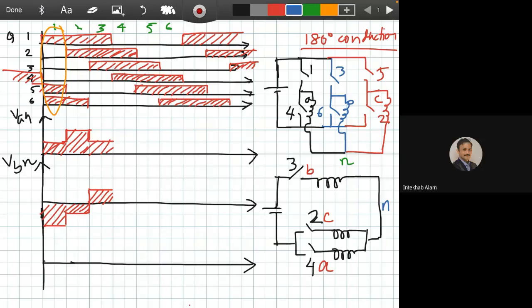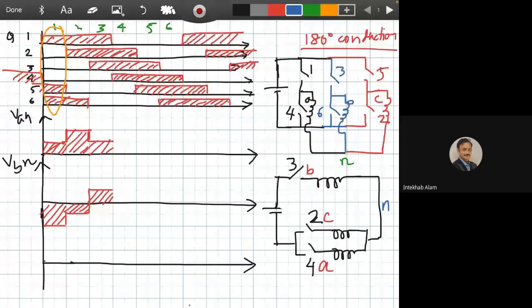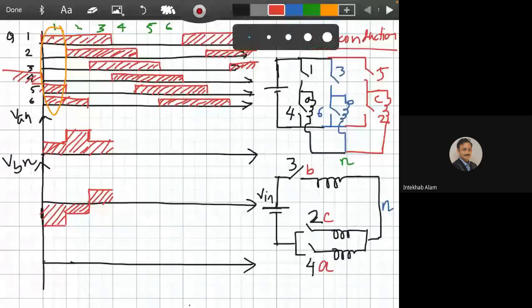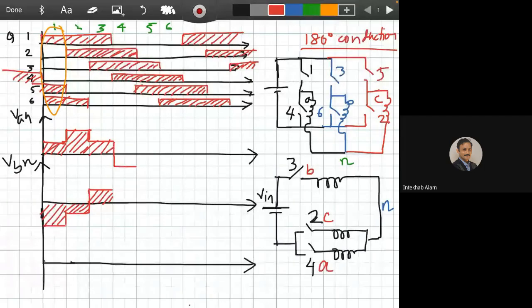Yes, sir, because phase A is now connected with the negative polarity of the voltage source. So the value of AN will be minus 1/3 because C is parallel with A also, so there will be a division. We can say it is 1/3.